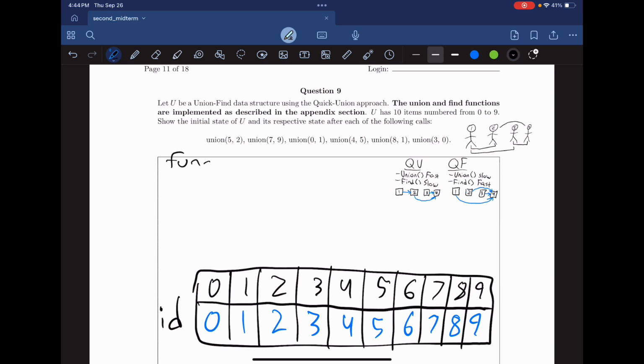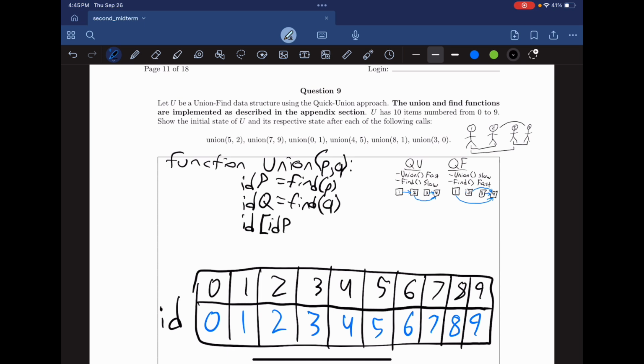Function union of P, Q is: IDP equals find P, IDQ equals find Q, ID of IDP equals IDQ, and then we've got count equals count minus 1.